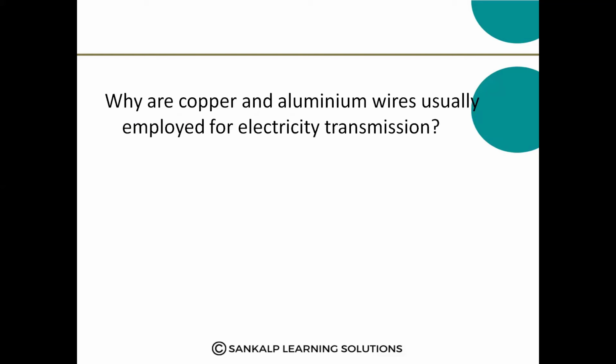Why are copper and aluminum wires usually employed for electricity transmission? Yes, what is the reason behind this? Commonly, copper and aluminum wires are used, right? Wherever you see the wires, commonly copper and aluminum will be there. So, what is the reason behind this?